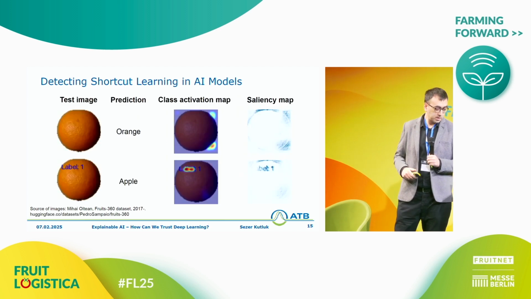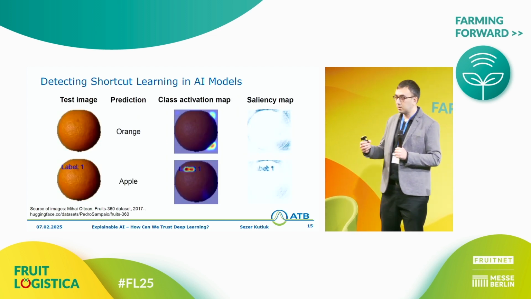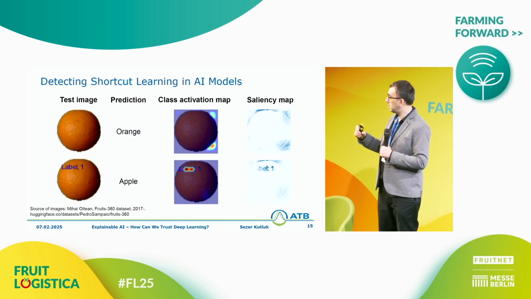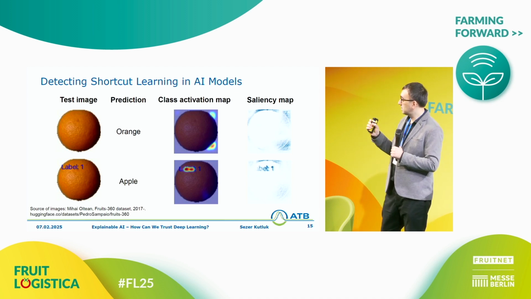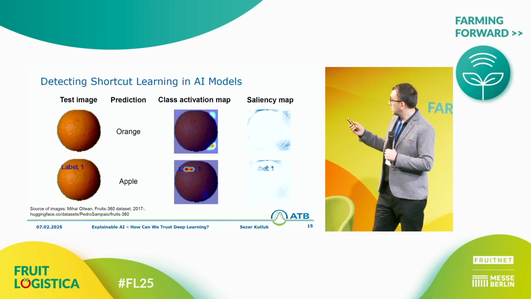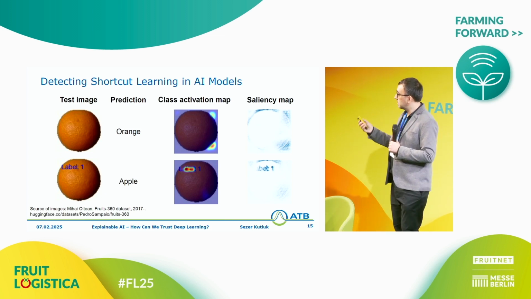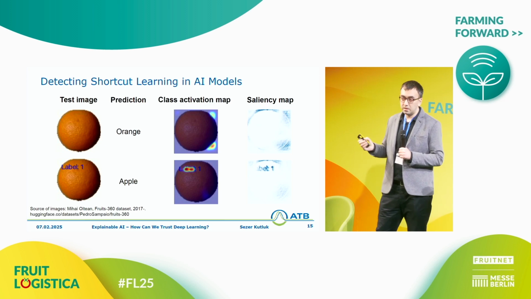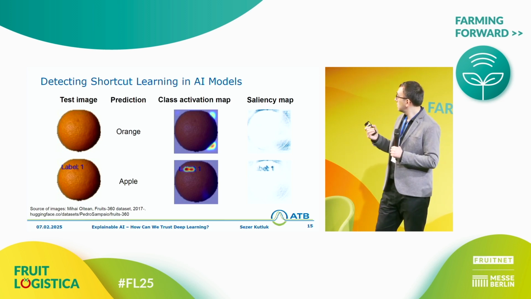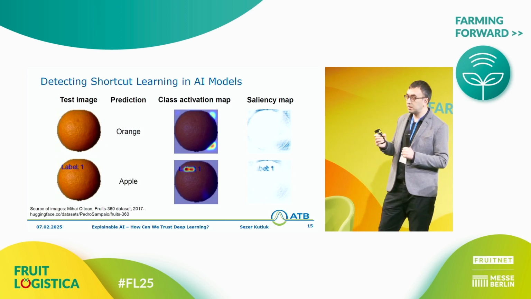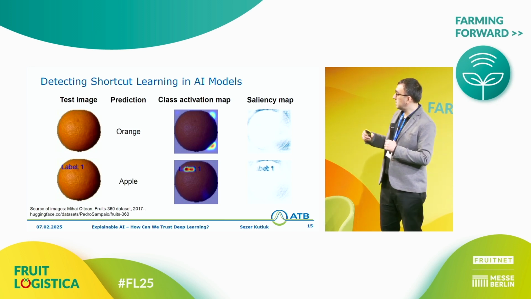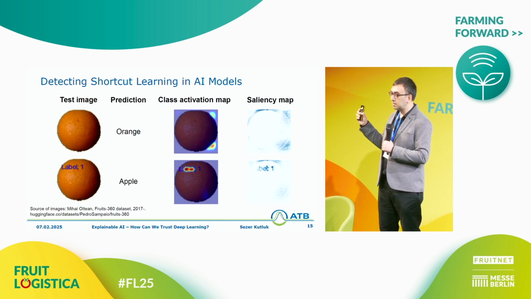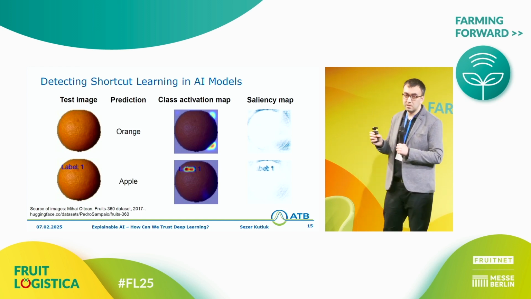And after training the algorithm, I tested it on orange images, and for some orange images, I added the same text on the same location as well. Here we see two different explanations by using two different post-hoc explanation algorithms, and we see that when we add the label or the watermark text, the model starts to focus on that area.